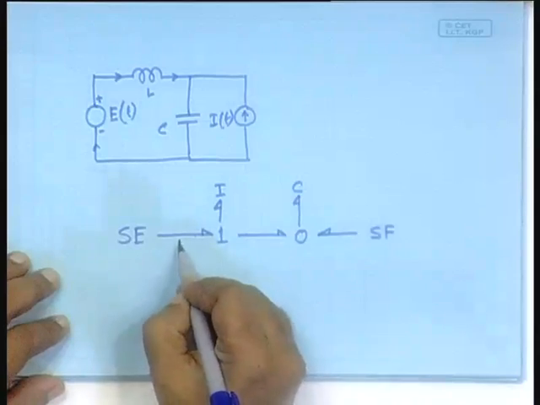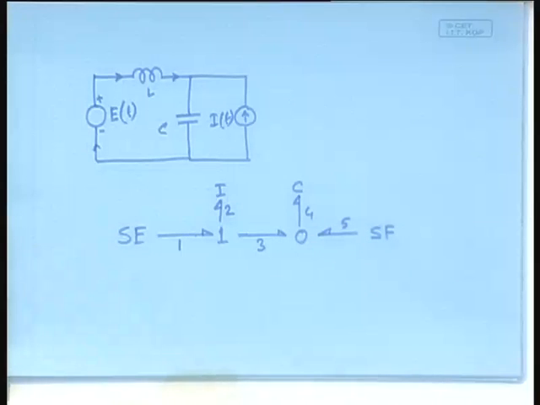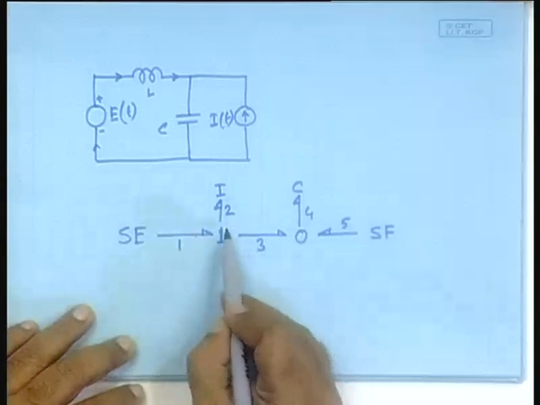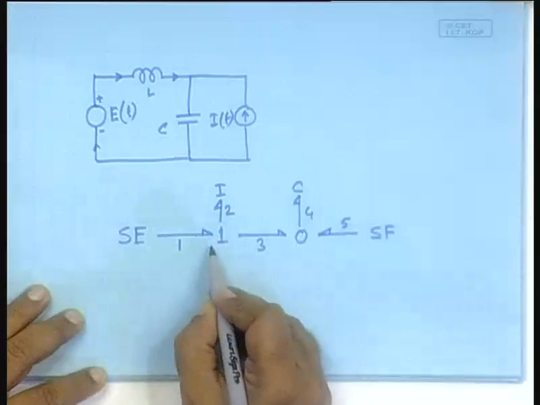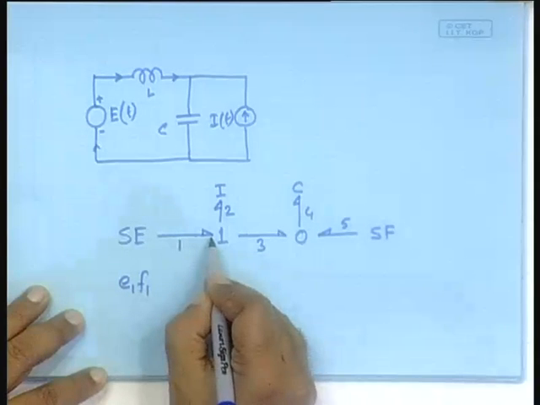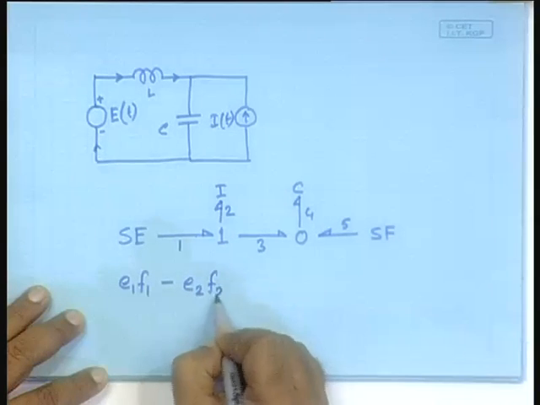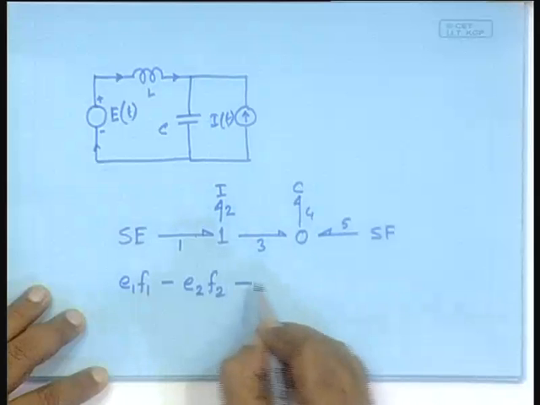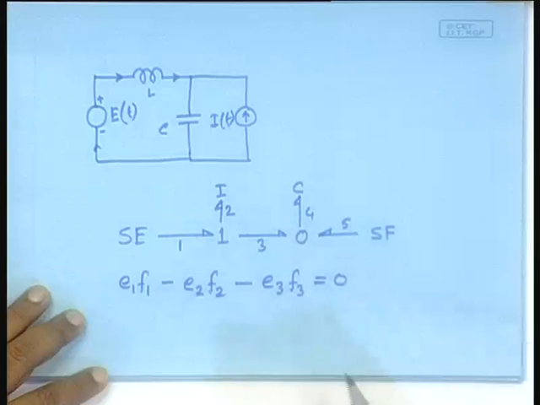Now, once this is done, suppose here we have bonds numbered 1, 2, 3, 4, 5. Notice that in this junction we have the power balance. So, E1 F1 going in, minus E2 F2 going out, minus E3 F3 going out should be equal to 0, right.